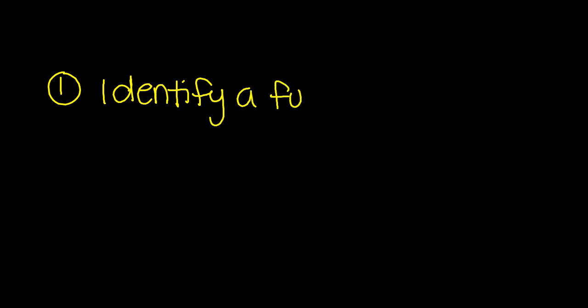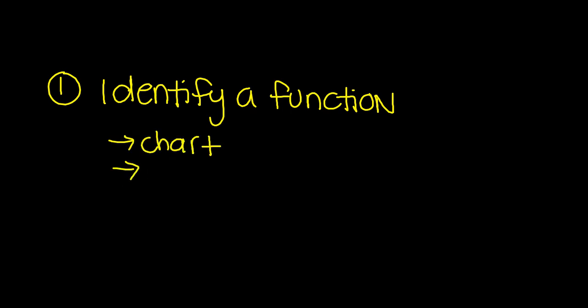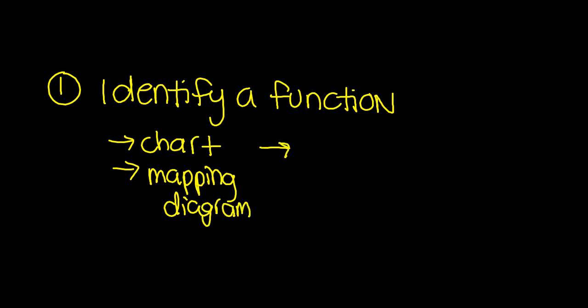So after watching part 1 and part 2 of this video, you should be able to identify a function, and you should be able to identify a function if I give you a chart, if I give you a mapping diagram, if I give you coordinates, or if I give you a graph.